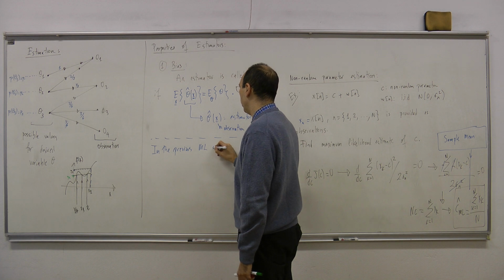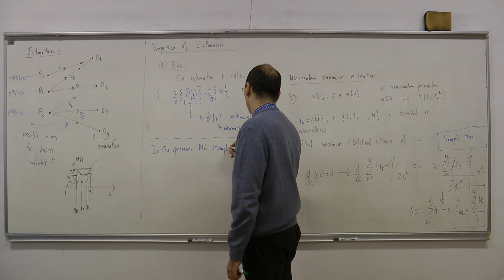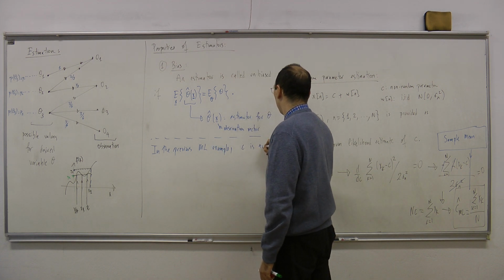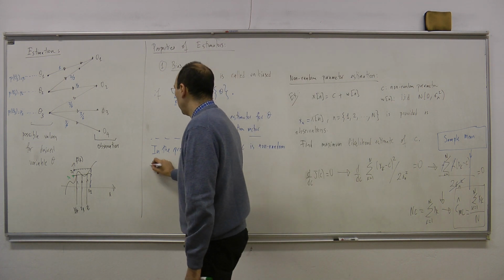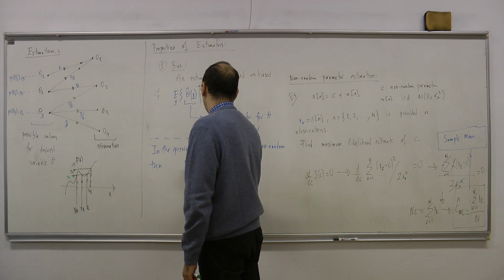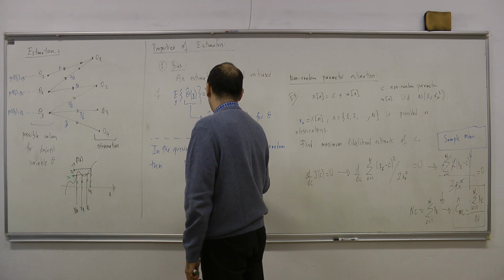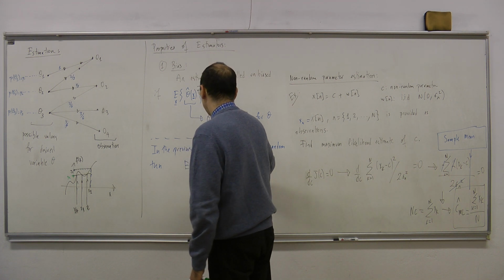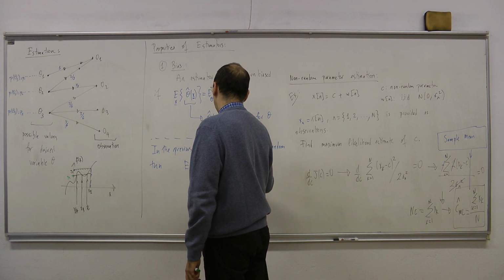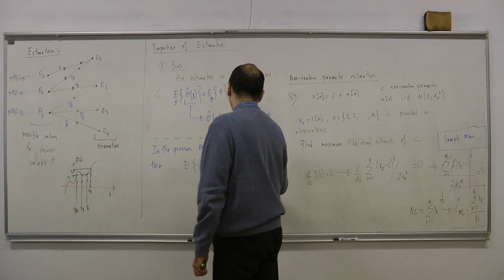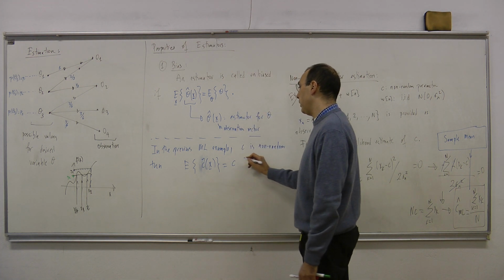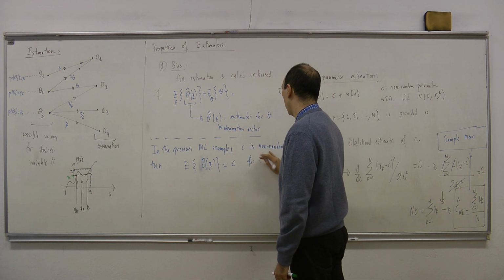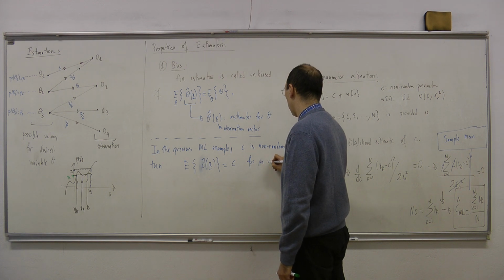In the previous maximum likelihood example, C is non-random, so the expected value of C hat of x should be equal to C for an unbiased estimator.